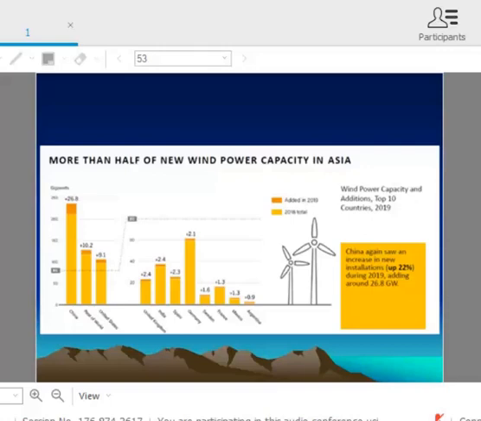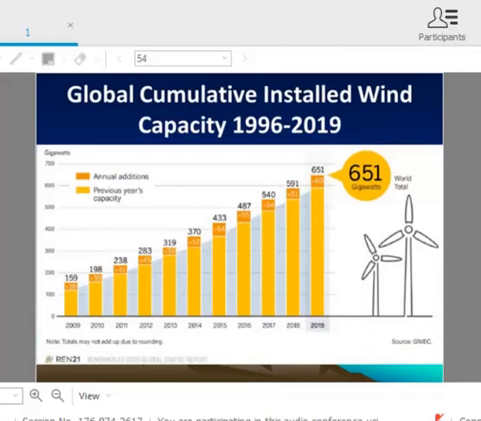They have already crossed 250, it is more, above 275. This is 651 gigawatt of power overall in the world by renewables. So every year 50-60 gigawatt is increasing and China contributed a lot. China and the US together are adding a total of 40 gigawatt every year.